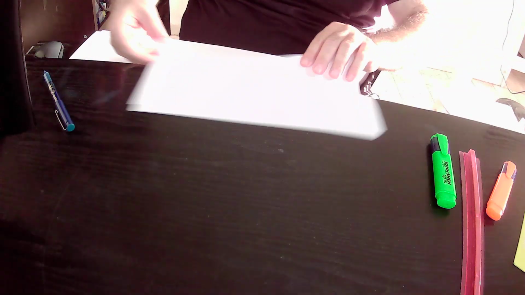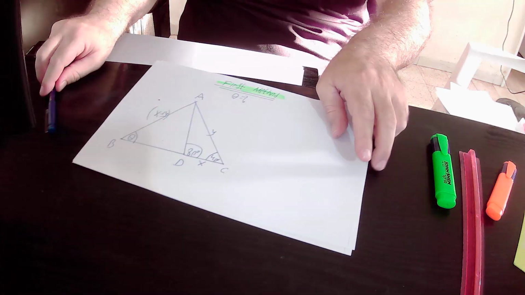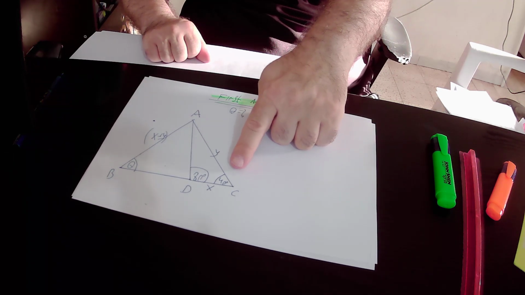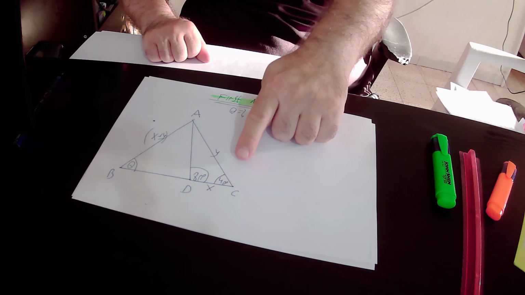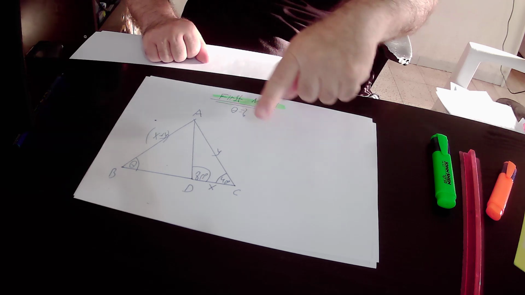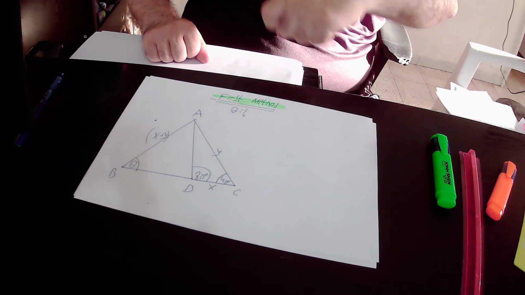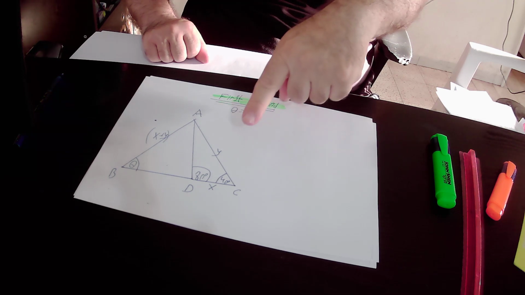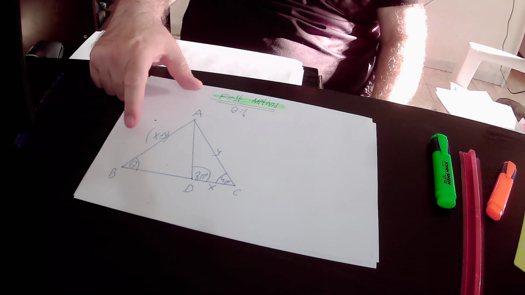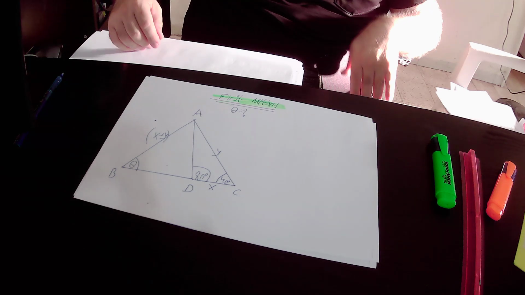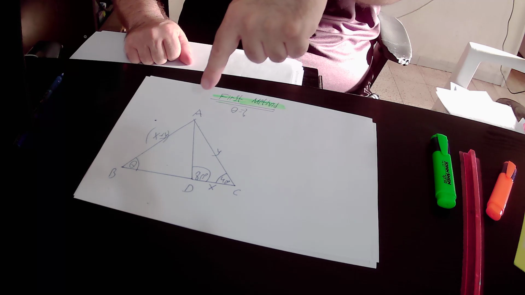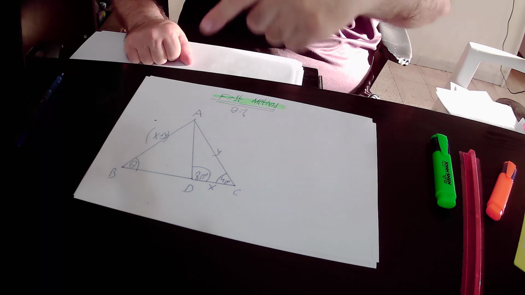So here in the drawing we have triangle ABC. Angle ACB equals 40 degrees, angle ADC equals 80 degrees, side AC equals Y units, side DC equals X units, side AB equals X plus Y units, and the angle that we are looking for is angle theta, which is equal to angle ABC.